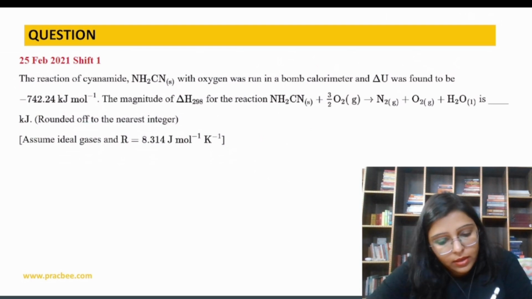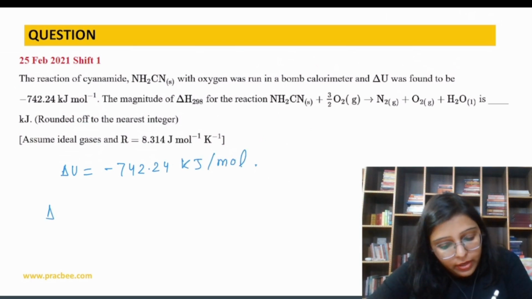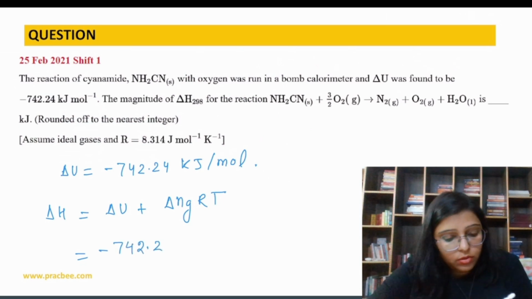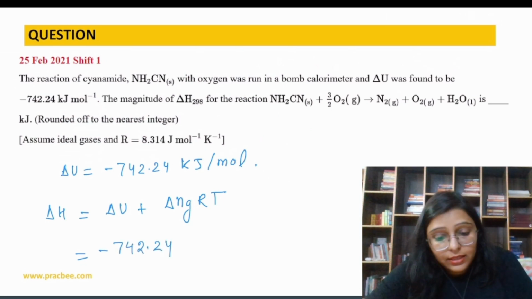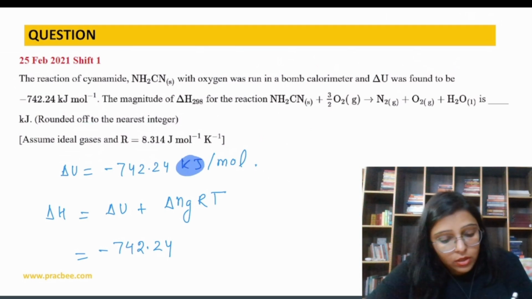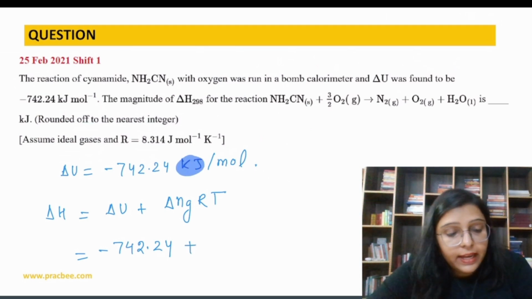See, delta U is given as minus 742.24 kilojoule per mole, and we have to find delta H. So delta H is delta U plus delta nG RT. Delta U is minus 742.24, but it is in kilojoule. So we have to find delta nG first.